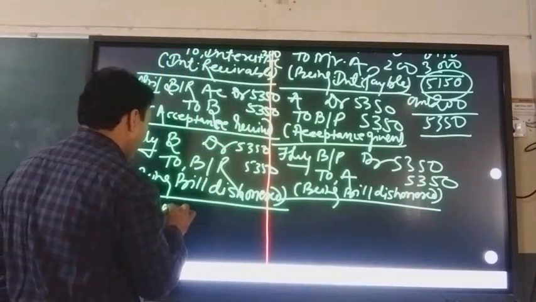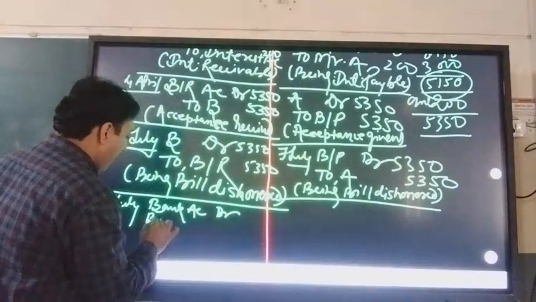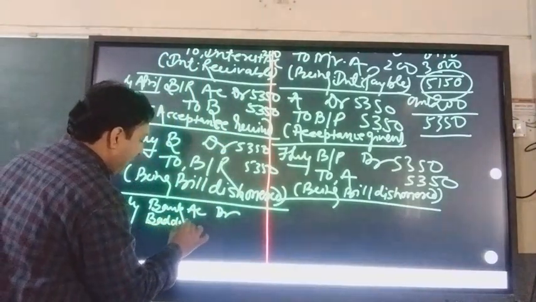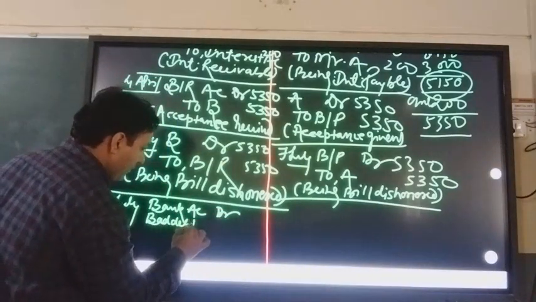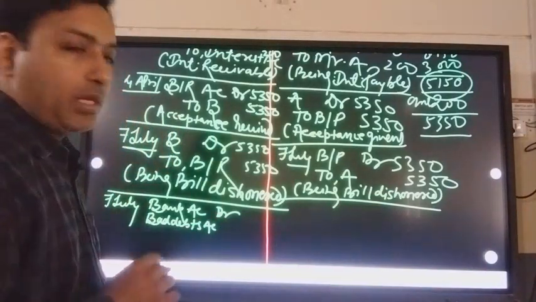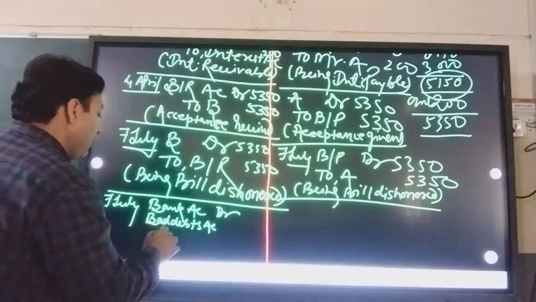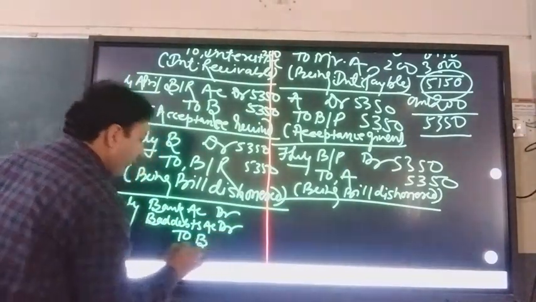Bank account debit, bad debts debit in the books of drawer, bad debts account debit, and who has given the money? Mr. B has given the money. Okay.